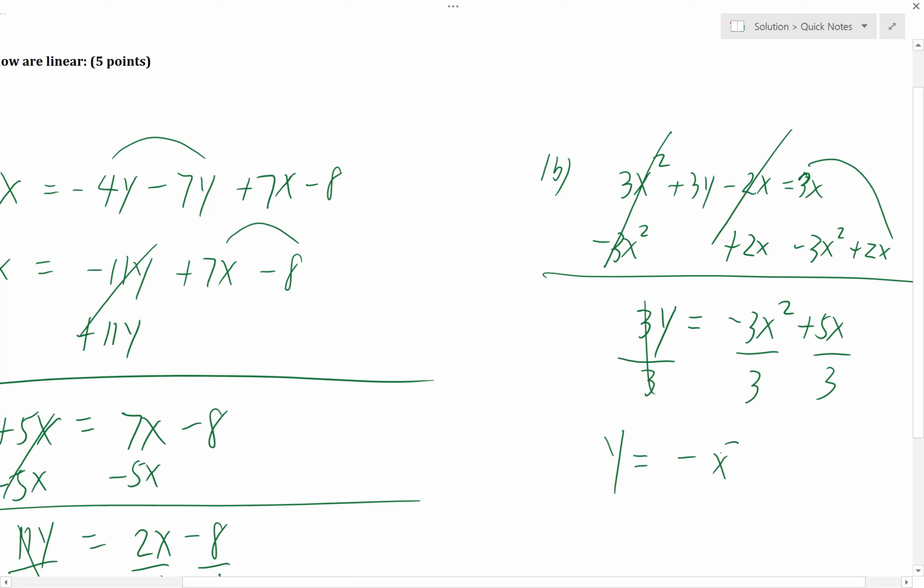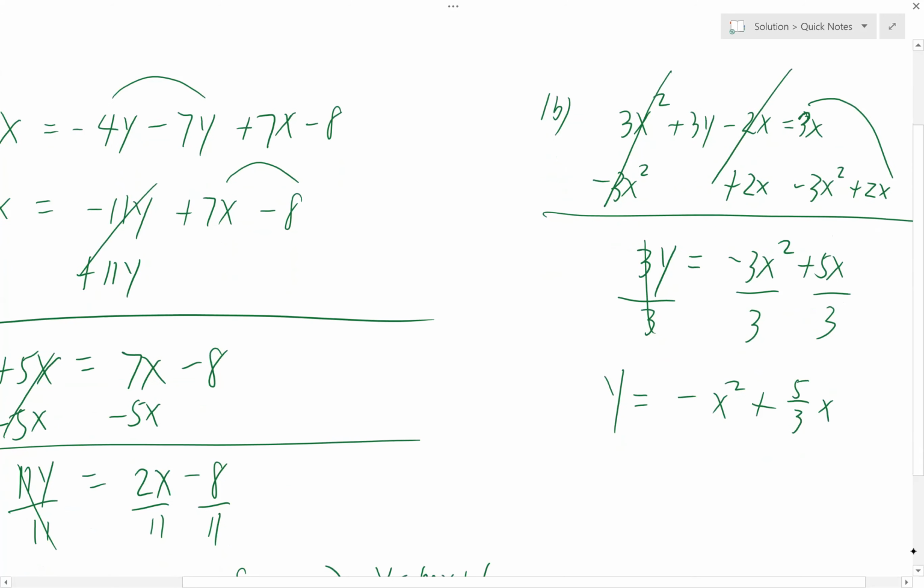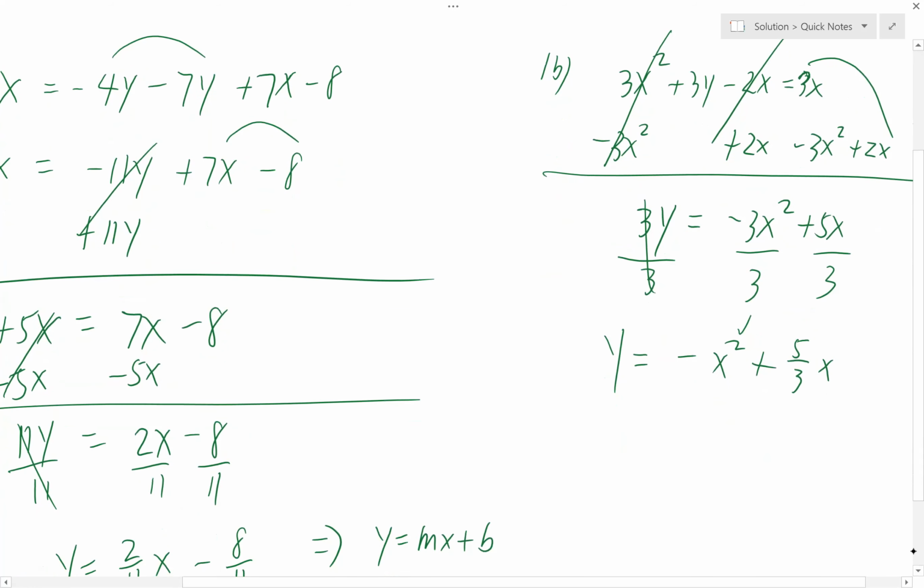So you get negative x squared, adding 5 over 3 x. This is definitely not linear because the power here is not 1. It's what we call a quadratic function, a quadratic equation. So the answer is it's not linear.